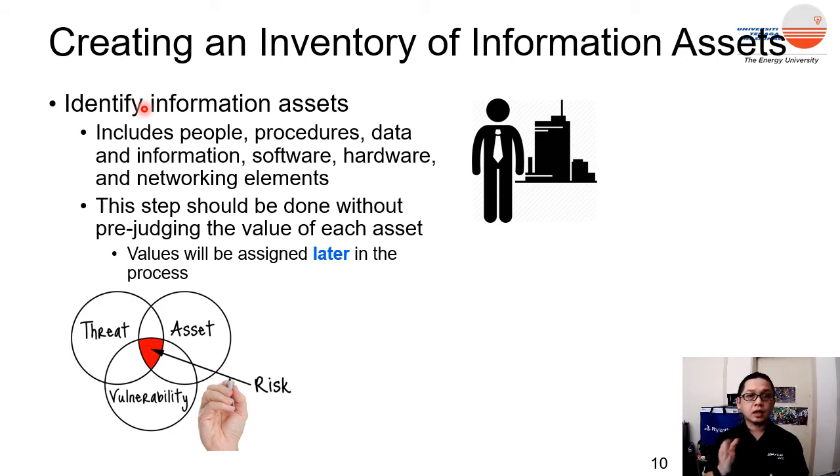You just list out what assets you have, and after that, only then will you discuss which category this asset goes to, and after you categorize it, you properly give it priorities and perhaps grading. So value will be assigned later in the process.